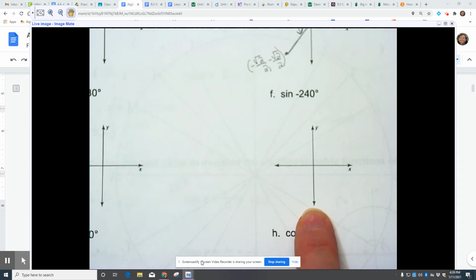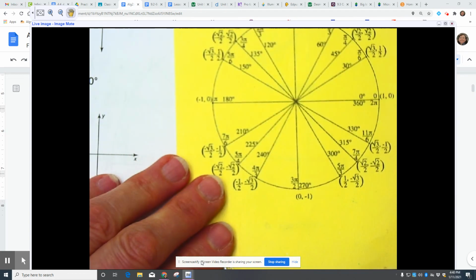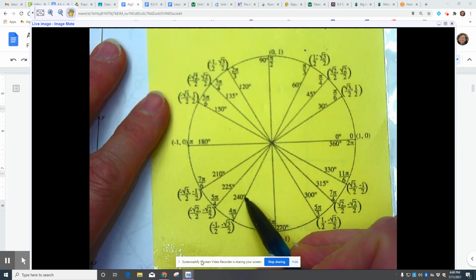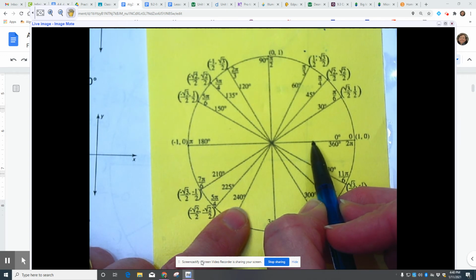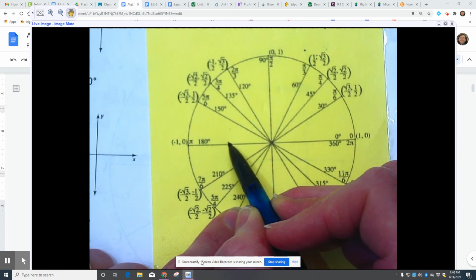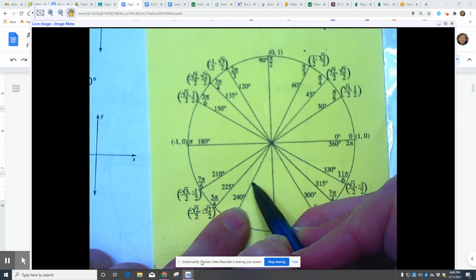Now I want to give you a negative one before I end this video. So this is negative 240. Here's how I recommend you do these. Go to your unit circle and find positive 240. Here's positive 240. So if I start here on the x-axis and I draw a positive angle, I'm going to go halfway around the unit circle, and then 1, 2, 3 more.